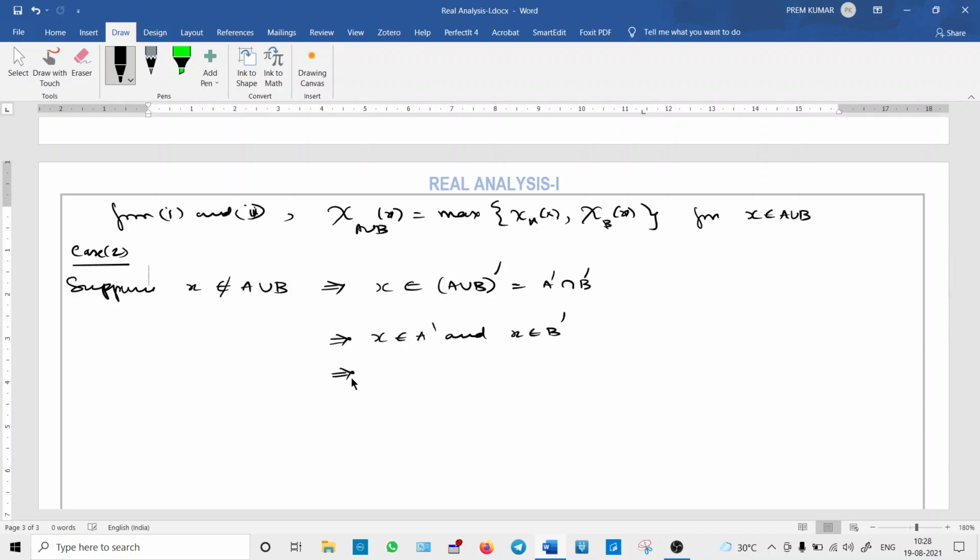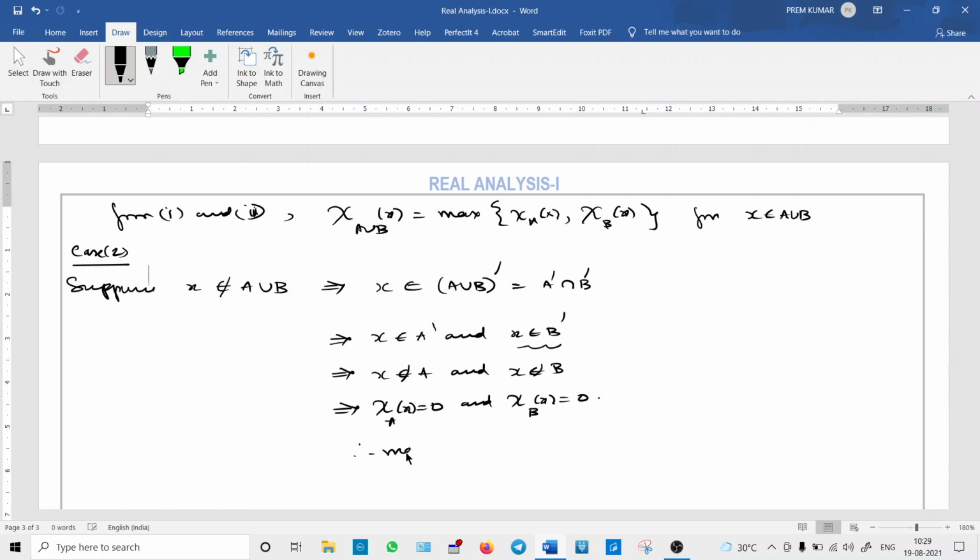If x belongs to A dash, what's the meaning? x does not belong to A. And x belongs to B dash means x does not belong to B. If x does not belong to A, what is the meaning? Chi A of x equals 0, and here chi B of x value is also 0.